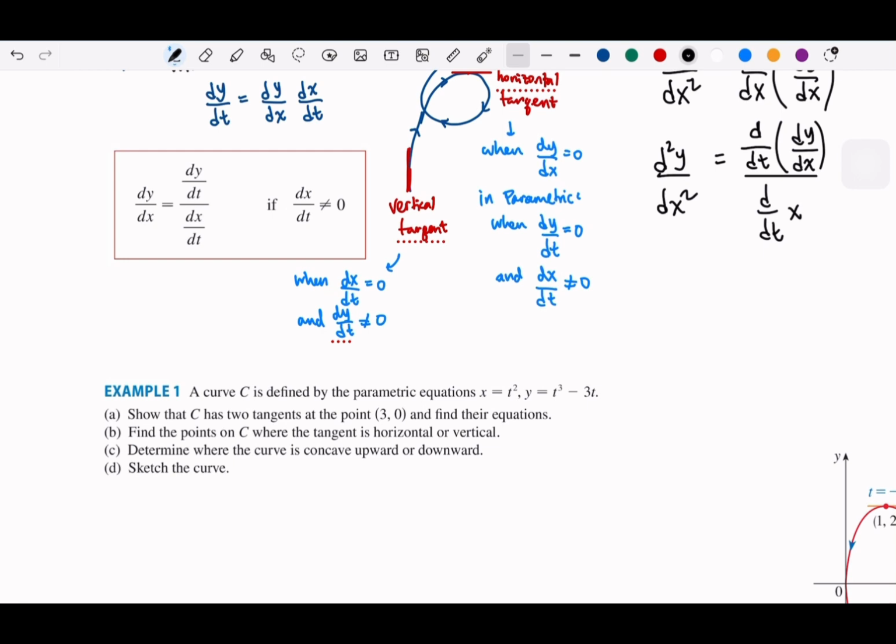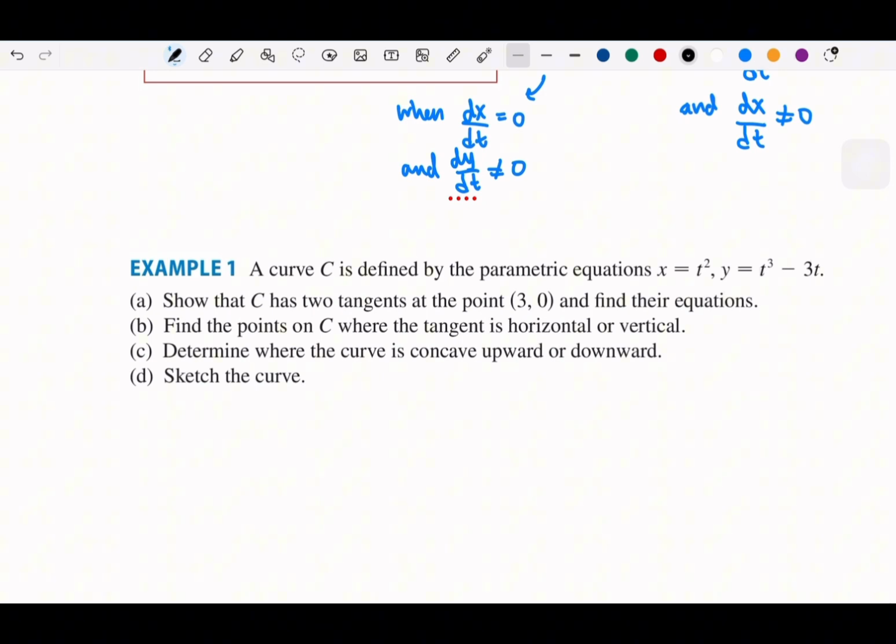So we can start from number 1, which is the tangents. Directly we can write the tangent as dy dx equals dy dt over dx dt.